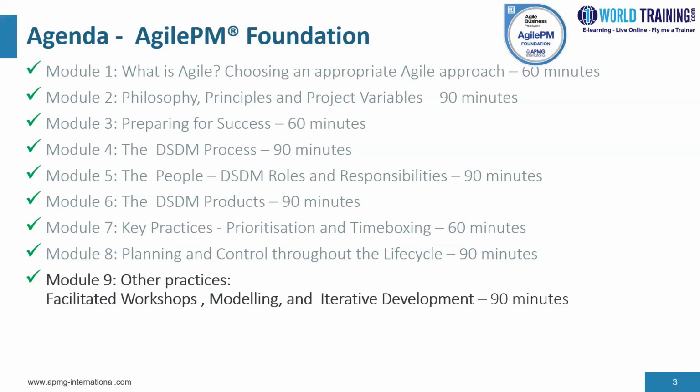Then we'll talk about the products in module number 6. Module number 7 is about key practices such as prioritizing and time boxing. In module number 8, we would look into planning and control throughout the life cycle. And in module number 9, we will look into some additional practices, such as workshops, modeling, and iterative development.